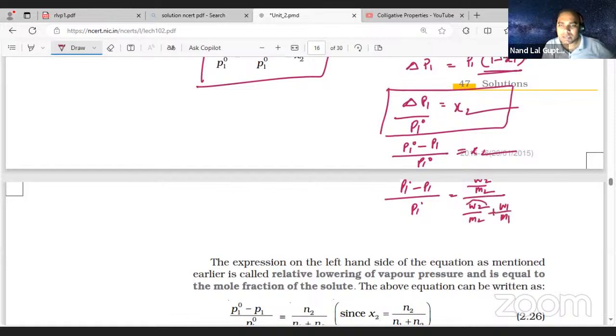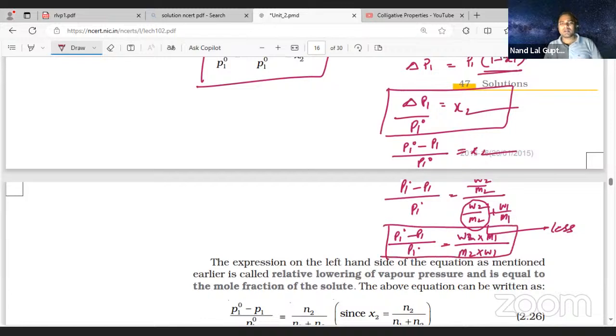In the denominator, W2 upon M2 will be less. So we can write P1 naught minus P1 upon P1 naught equal to W2 multiplied by M1 divided by M2 multiplied by W1. Are you getting this? Yes.